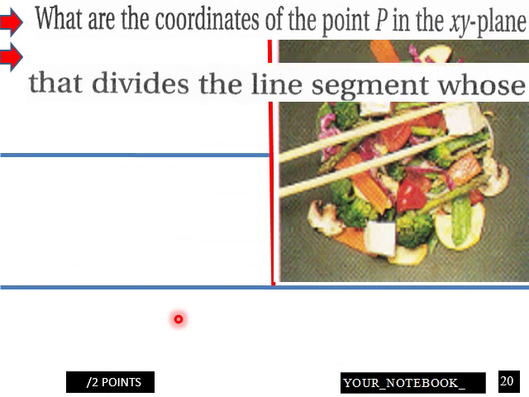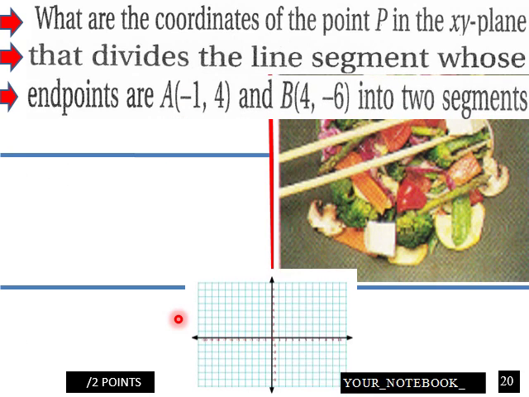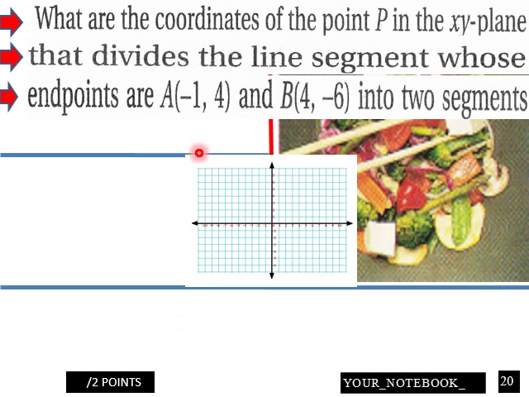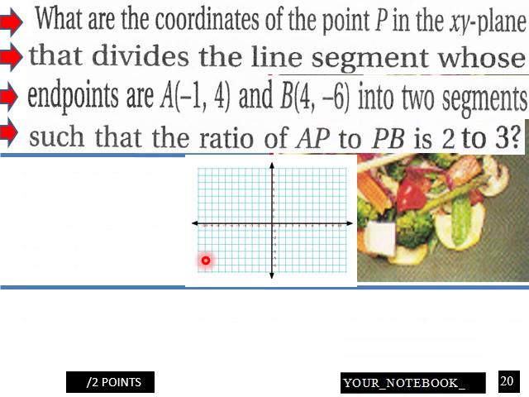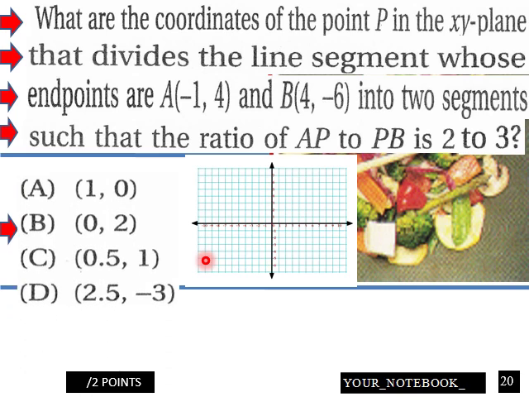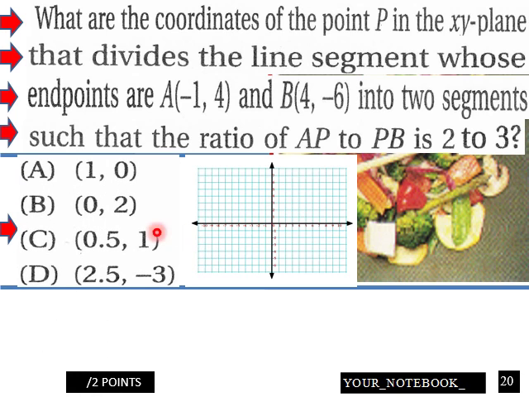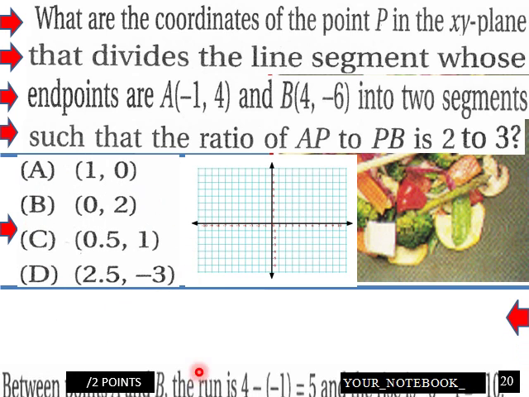What are the coordinates of P in the xy plane that divides the line segment whose endpoints are -1, 4 and 4, -6 into 2 segments such that the ratio of AP to PB is 2 to 3? So here are our possibilities.